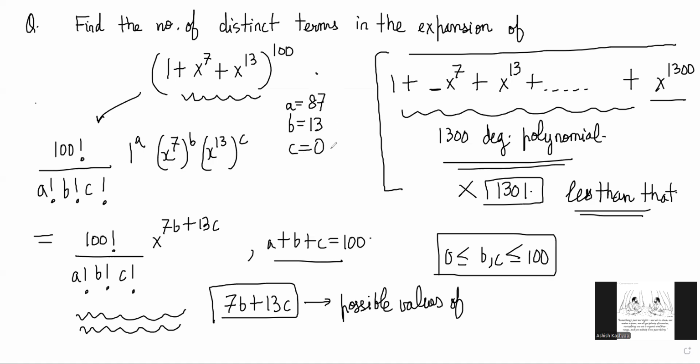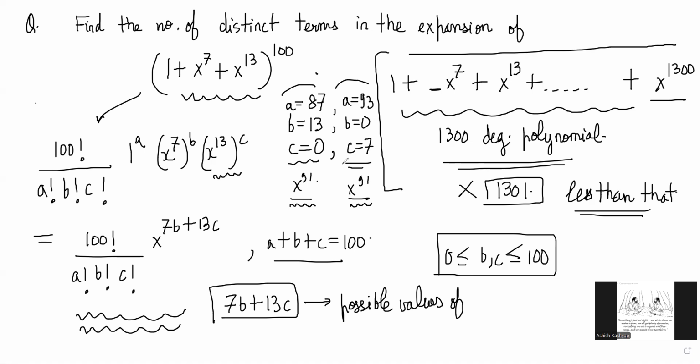However, you get the same value if you take B as 0, C as 7, and A as 93. Think about it: C = 7 would give us the x^91 term, B = 0 gives us 0, and A = 93 can be adjusted. So this is the coefficient of x^91, and this is also going to give us x^91. So there are repeated terms here. x^91 is coming in this triplet and this triplet, right?